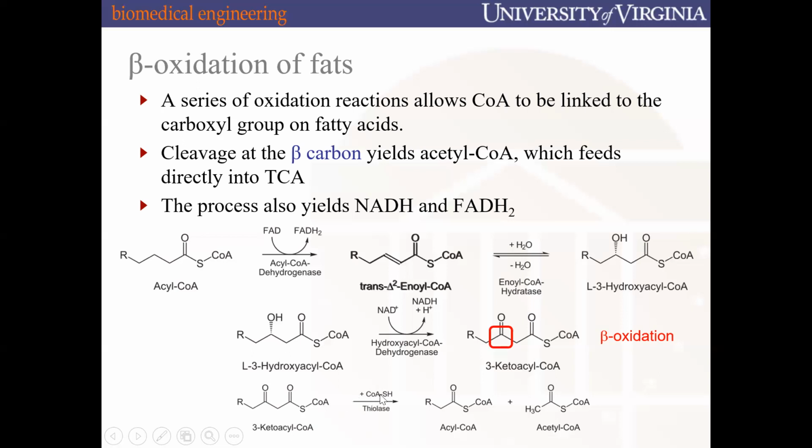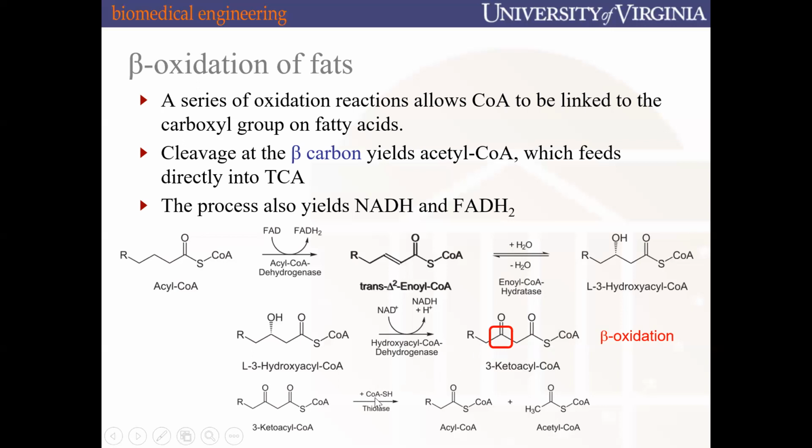I'll also add that after we have the oxidation of this alcohol to this carbonyl, I don't know if you guys are taking organic chemistry, but what this does is make this carbon especially electrophilic. This oxygen is especially electronegative, so it's drawing electrons away from the carbon, making it more prone to a nucleophilic attack.